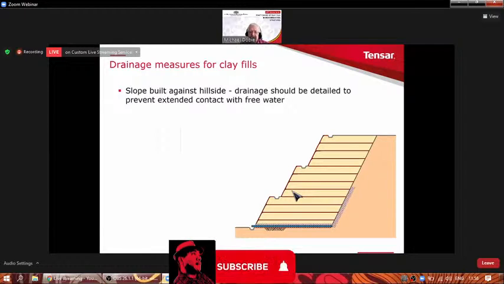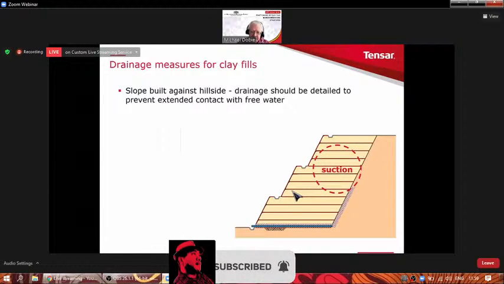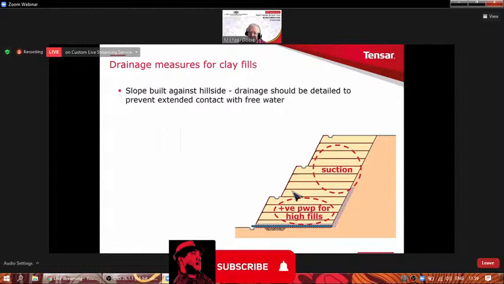If we look at a more general case here of perhaps a higher fill built up against a hillside where there might be some internal water flows, then the principles are much the same, but perhaps a few other things to think about. So we are expecting the upper part of that fill to be in a state of suction, and the lower part could become positive if the fill is very high.